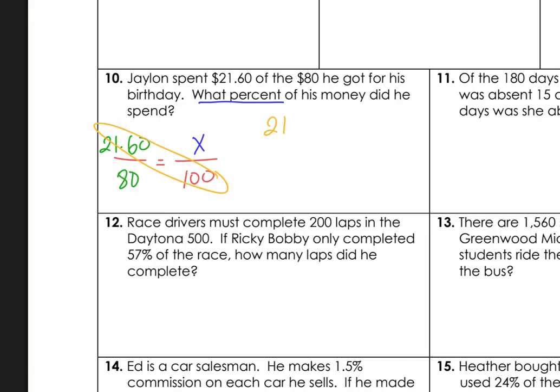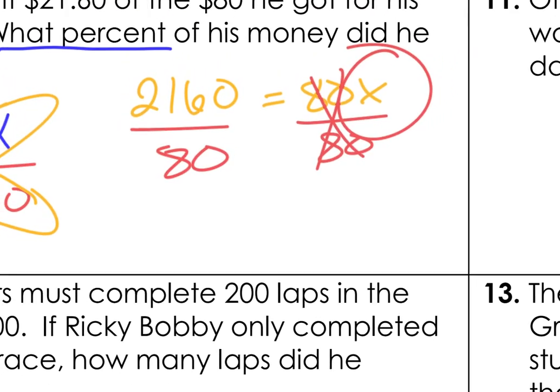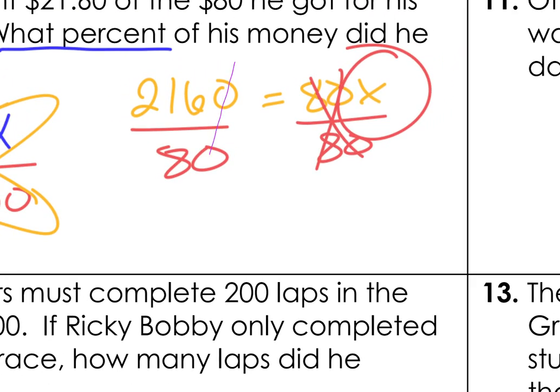And we get 2,160 equals 80x. I'm going to divide both sides by 80. And here's something nice. We can actually get rid of these zeros. When you're dividing and you have zeros that line up like this, that's the ones place, that's the ones place, you can cancel them.